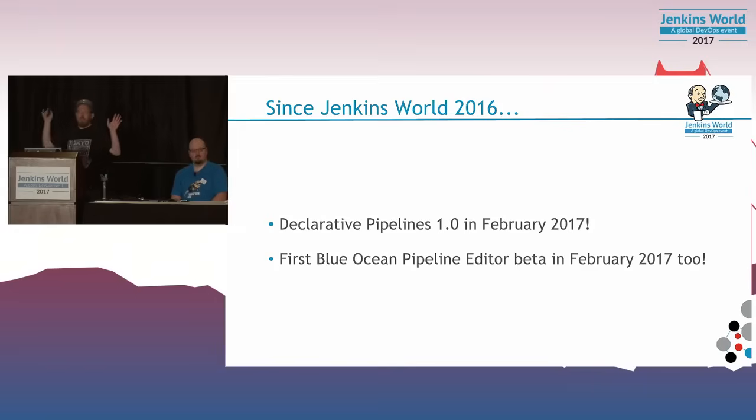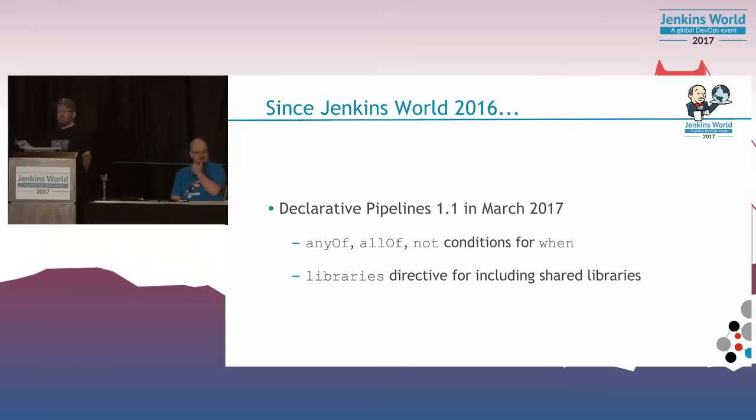So yay, 1.0. Since then, there's been one minor release, one major, 1.1, with some new features, including more complex options for when conditions for determining whether to actually execute a stage, and a libraries directive for including shared libraries without having to use the @Library annotation.